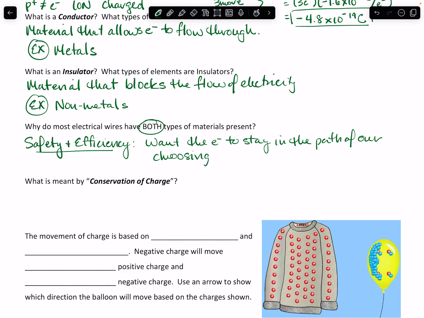So if we set up a wire and we want electricity to move from point A to point B, we want it to move from point A to point B. We don't want it to be sparking off to the sides and zapping things that might be around that wire. So to help with that, we wrap the wire in something that is non-conductive, like rubber, and that keeps all of those electrons in that path that we have chosen.